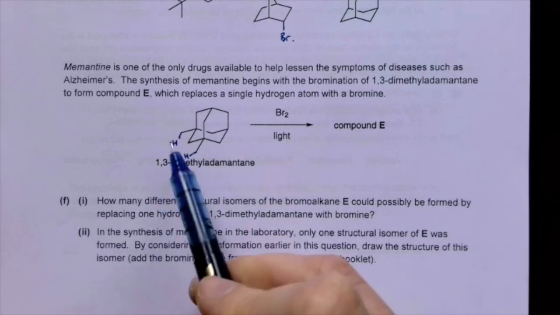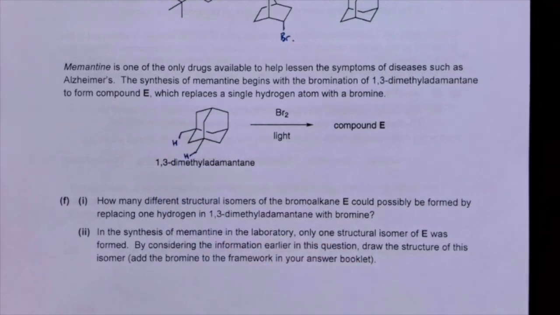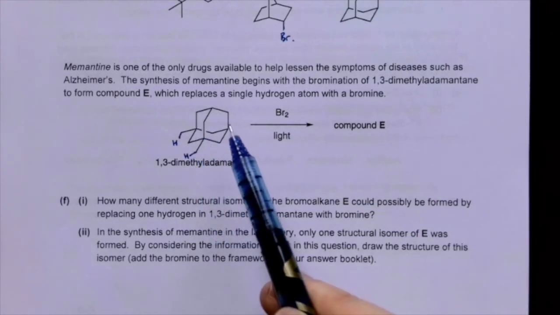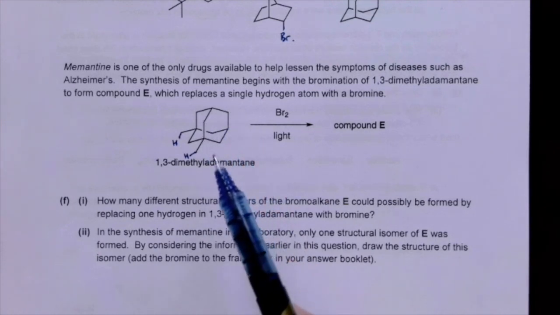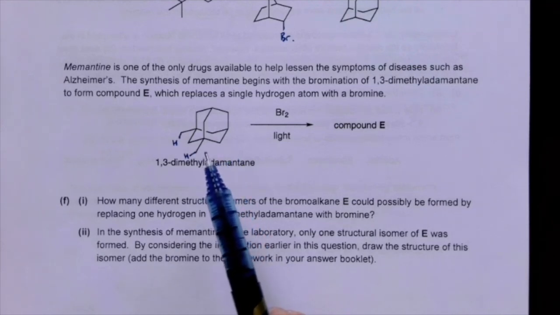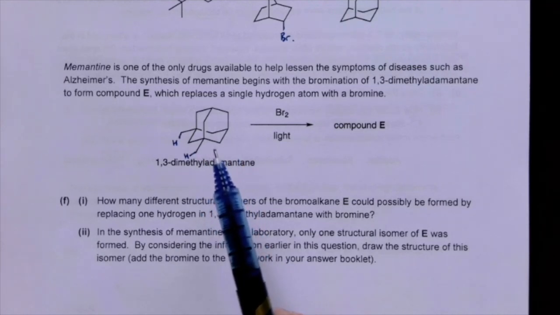So if I add a bromine here or a bromine here, I get the same isomer because it's symmetrical. So you're going to have to have a good think now. You might want to mark on all the possible different locations of hydrogen atoms and where they can be replaced with bromine atoms, and then try and work out how many of them are different from the others.